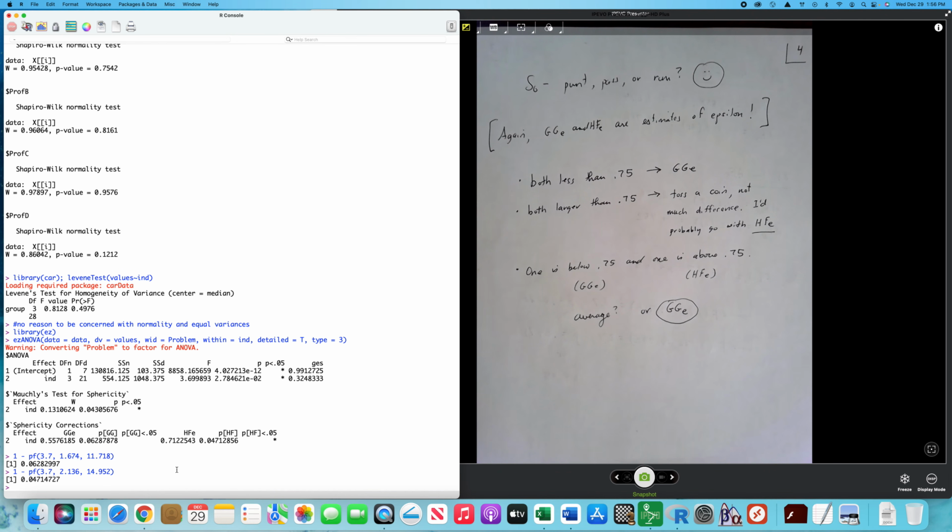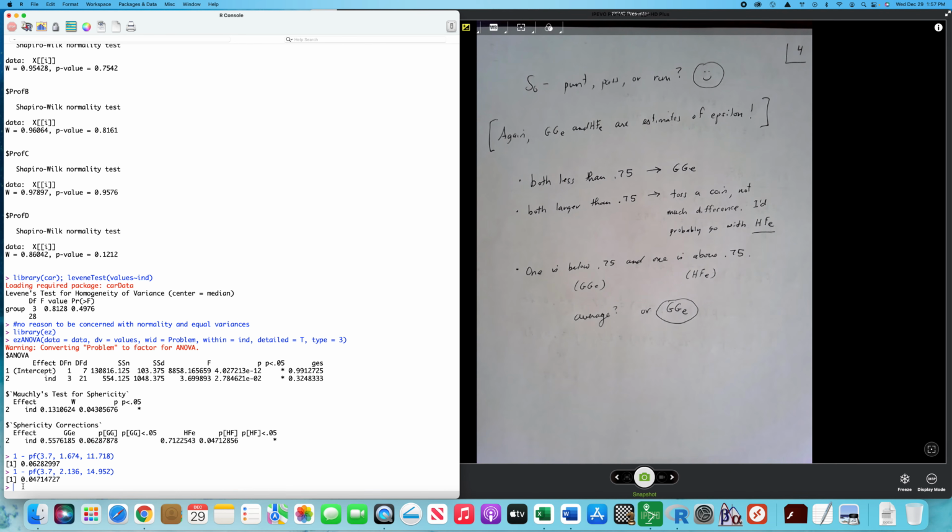So specific to our example here, what should we do? Well, I think at this point, since both of them are below 0.75, as I said previously, let's go with the Greenhouse-Geisser and report the adjusted p-value at 0.063.